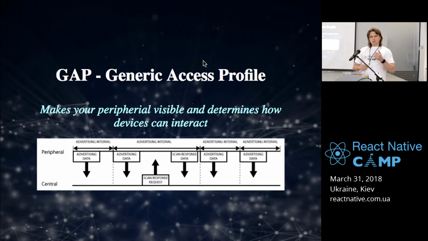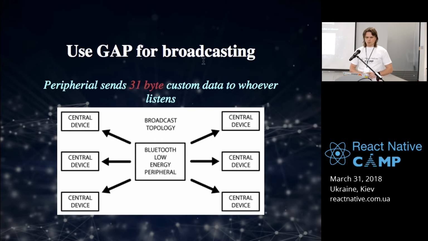And if your device wants to discover the enabled device which transmits GAP, we send to this device a scan response request, and we get scan response results. In this result, we see much more data. So this is how GAP works.